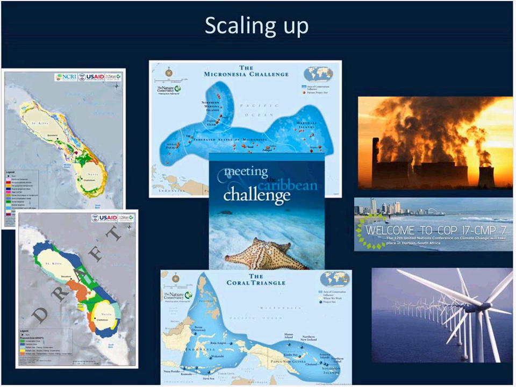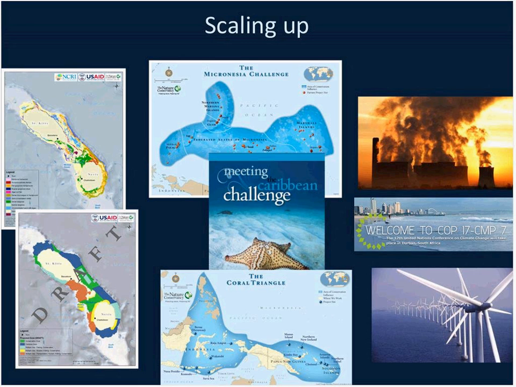The pictures on the left here show how we've been working towards thinking about ocean zoning in St. Kitts and Nevis in the Caribbean. But even between countries, how people need to start thinking at a very large level to make changes.